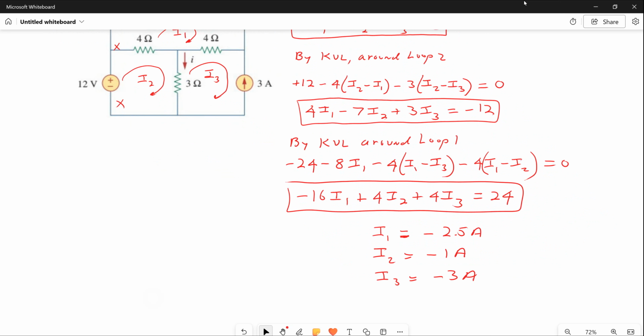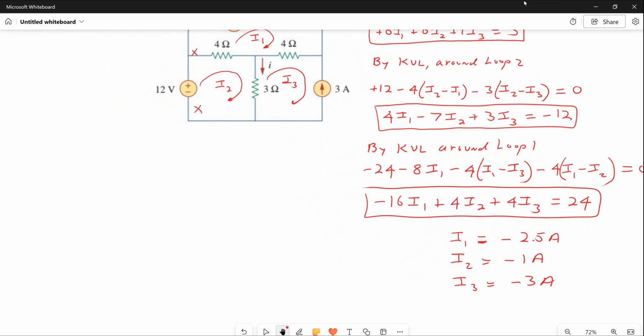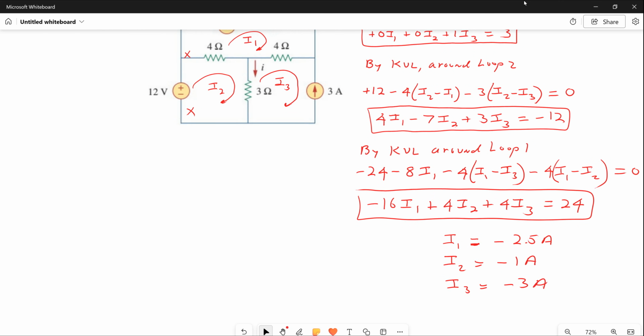Now I go back and I look at how I is defined. I take this information and go back, since they want I in this problem. Let the math do the work. Is I equal to I3 minus I2, or is I equal to I2 minus I3?